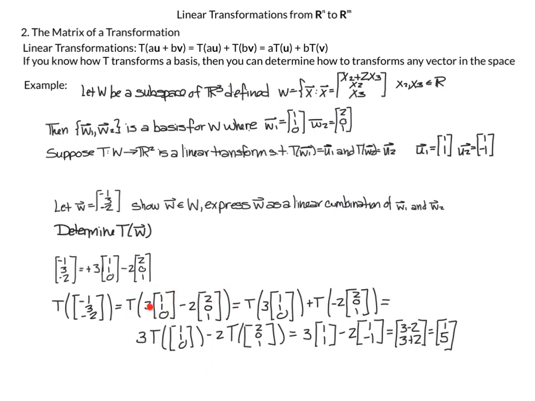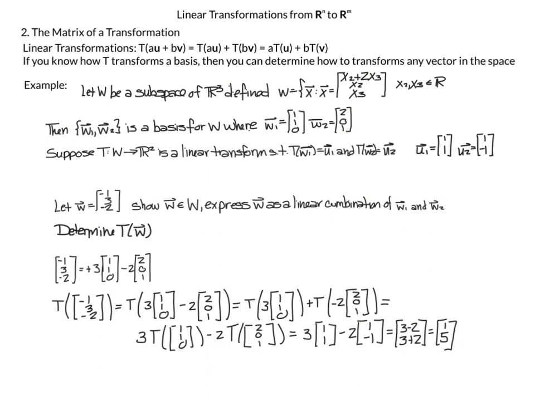This is just a vector, and this is just a vector, so I can separate these out, and I get T of 3 times (1, 1, 0) plus T of -2 times (2, 0, 1). And now because it's linear, I can also take out these constant coefficients. So I have 3 times T of (1, 1, 0) minus 2 times T of (2, 0, 1).